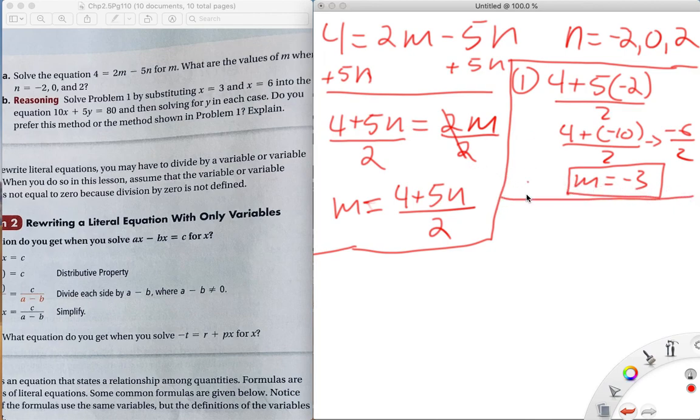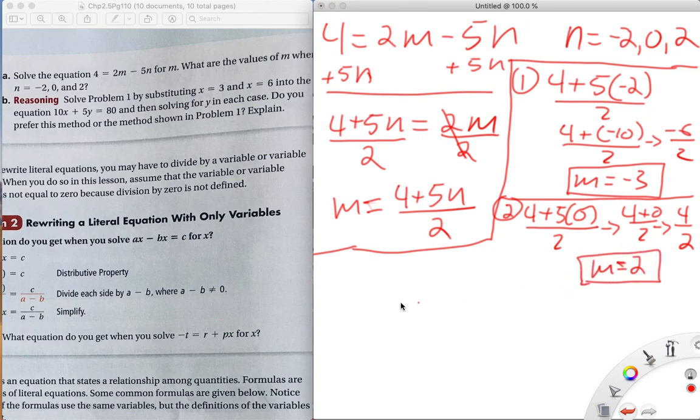Our second scenario is what happens if n is 0. So 4 plus 5 times 0 over 2. 5 times 0 is 0, so that's 4 plus 0 over 2, which is 4 over 2, which just leaves me with 2. So that's scenario number 2.